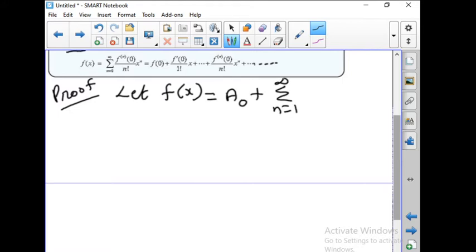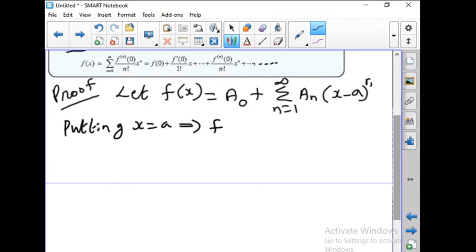Putting n equal to 0 the term we write is a naught, into an into x minus a the whole power n. Now putting x is equal to a, what do we get? f of a is equal to a naught, because this term will become 0.